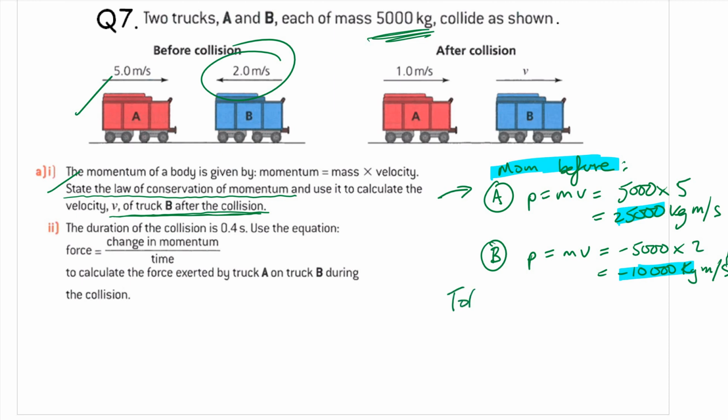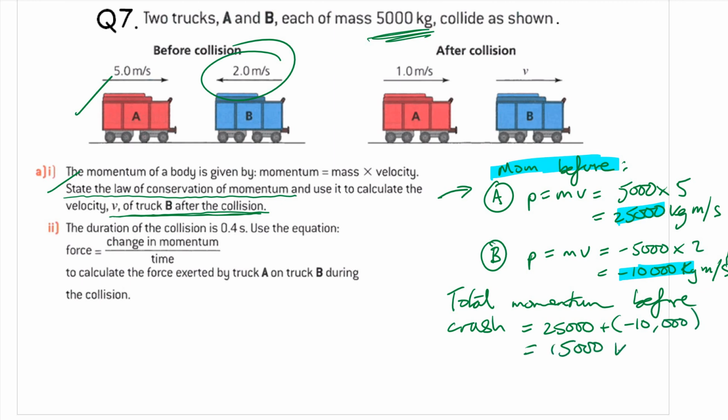So total momentum before crash equals 25, add a negative value, which gives us 15,000 kilogram meters per second. Okay.